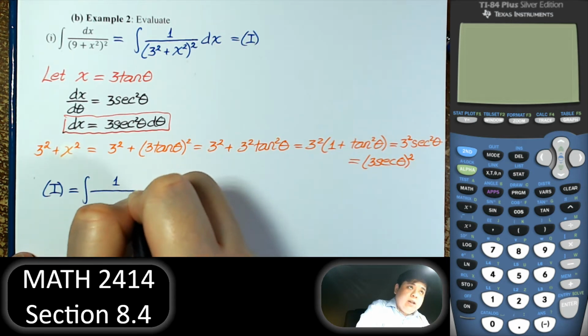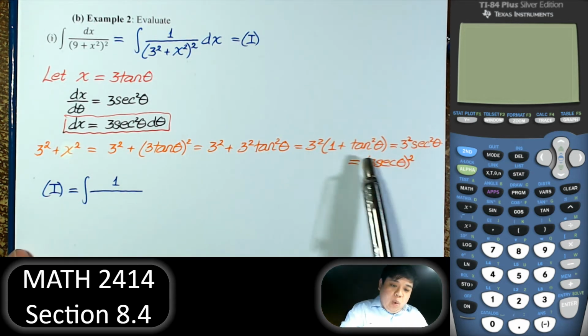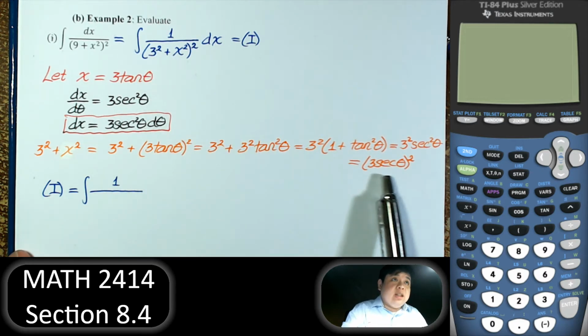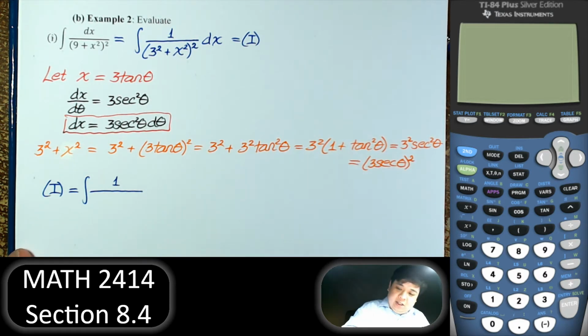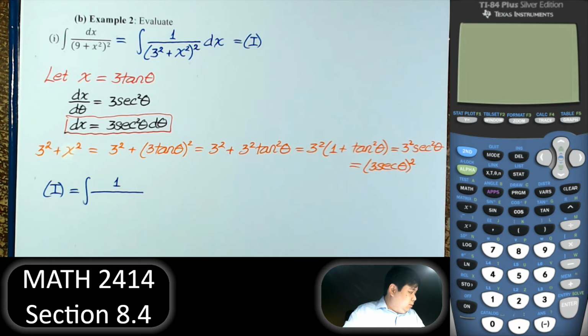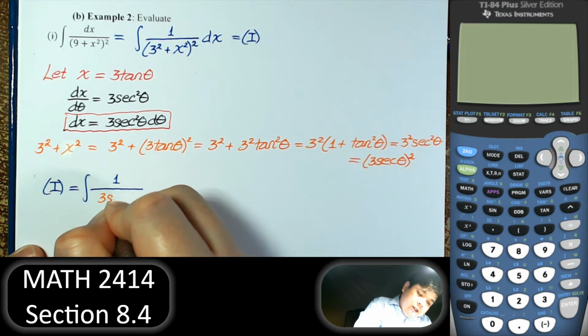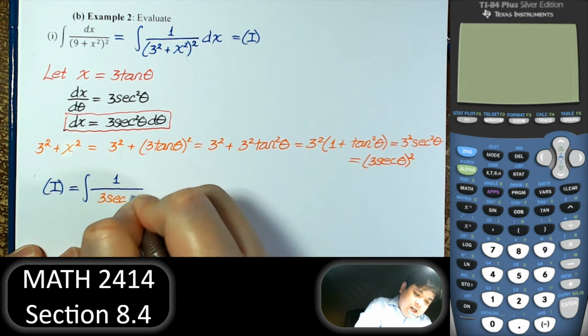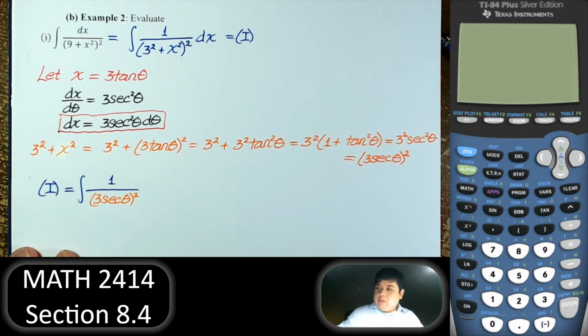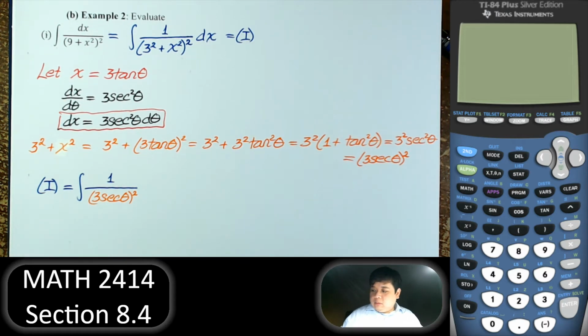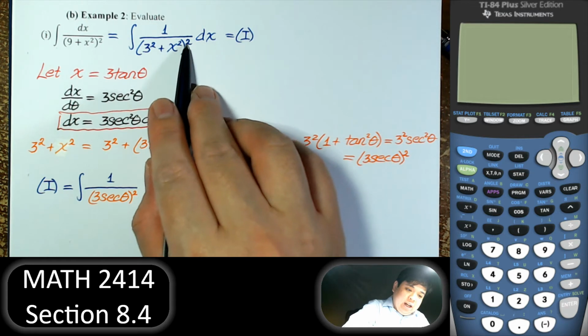One over 3 squared plus x squared is going to be this. 3 secant theta squared, and then we square again.